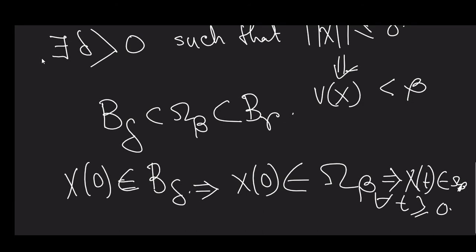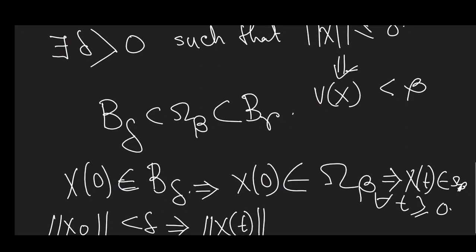We can say that if norm of x naught is less than delta, then it implies norm of xt is always less than r, and r is less than or equal to epsilon, for all t greater than or equal to 0.